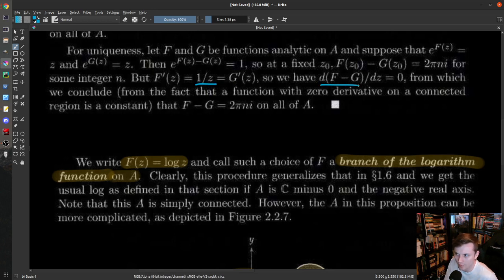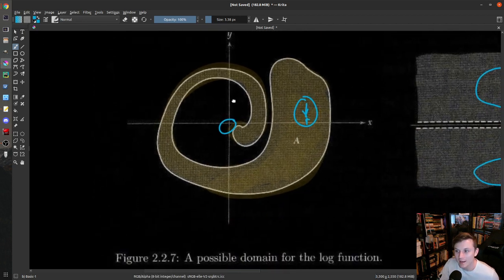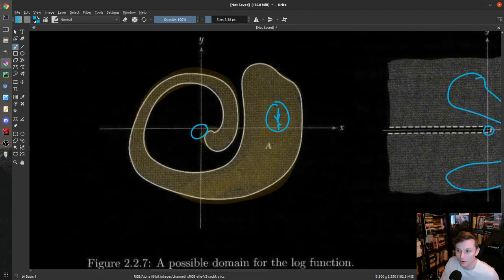So the derivative of the difference is 0, since it's just a constant, which, once again, from having a zero derivative meaning that you're a constant on the open connected region A, tells us that f minus g is equal to this constant on all of A, meaning they're the same up to the addition of that constant.